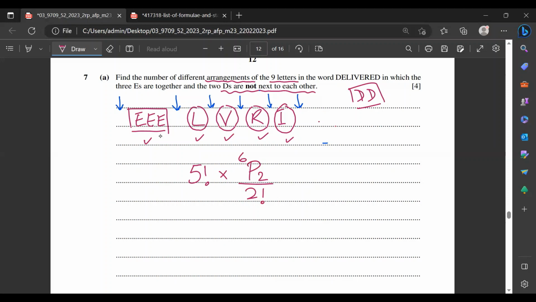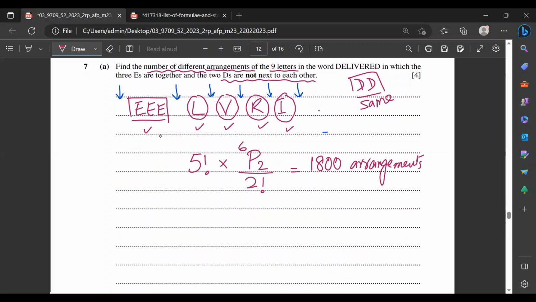So 5 factorial times 6P2 over 2 factorial. I can calculate this: the answer is 1800 possible arrangements. This is part A.